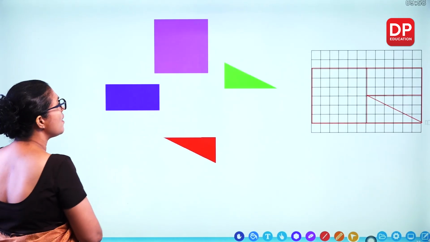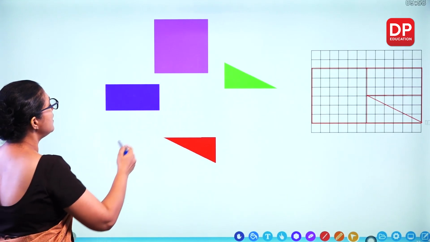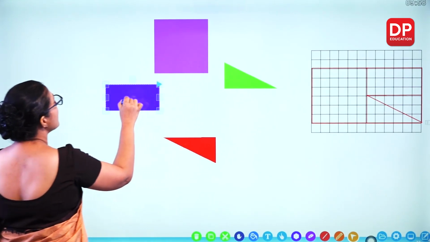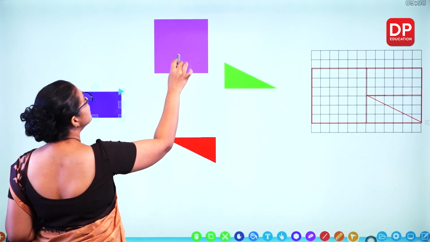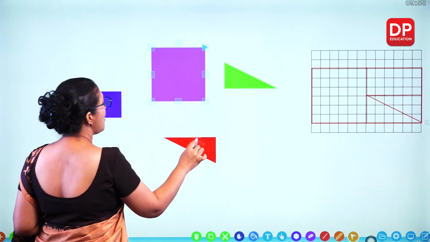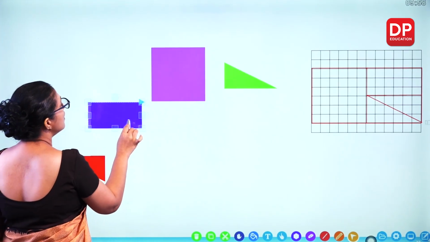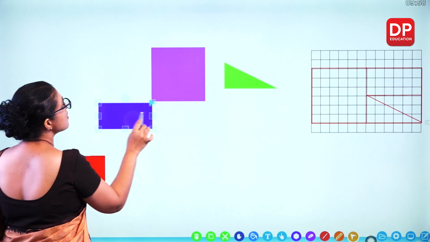Now we'll take another one. What's the shape you can create? So I'll put this one here up and somewhere here.